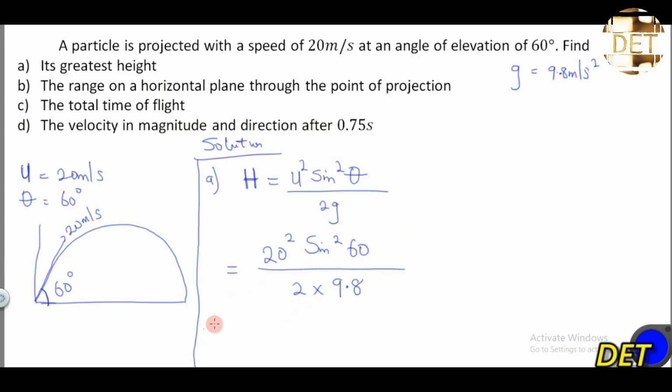Having done that, 20 squared is 20 times 20, which gives 400. Sine 60 gives us 0.866.